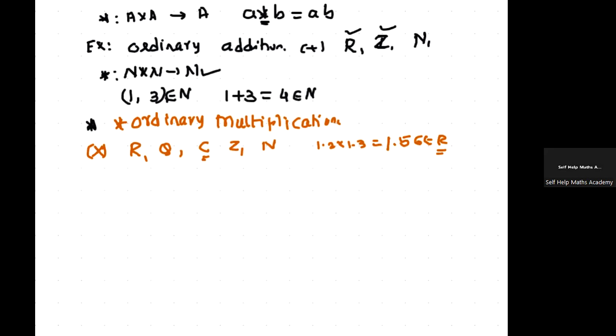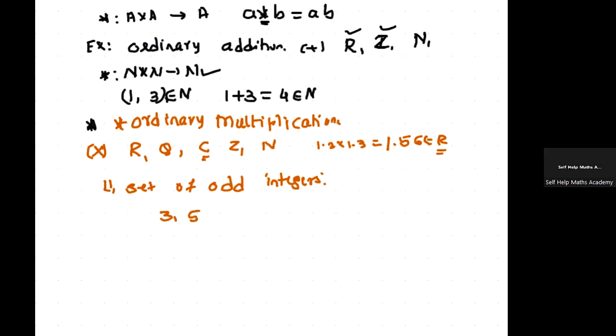I was talking about ordinary addition. Let me take a special case where it will not become a binary operation: the set of odd integers. If I add two odd integers, for example 3 and 5, these belong to the set of odd numbers.